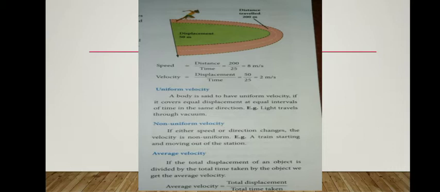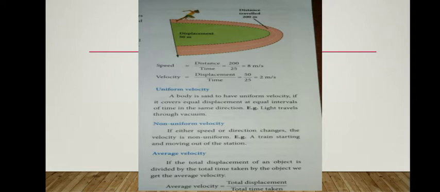Non-uniform velocity means that in equal intervals of time the body covers unequal displacement.